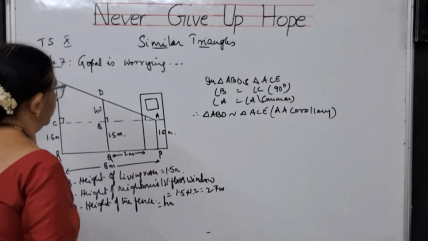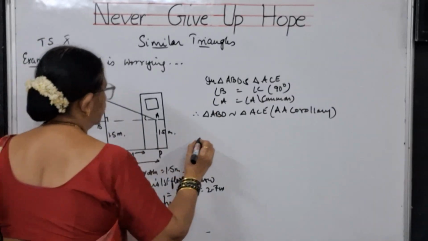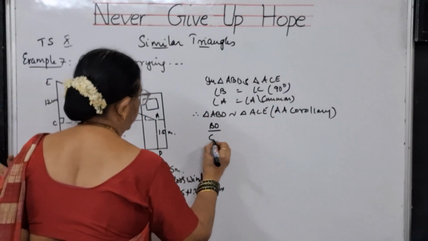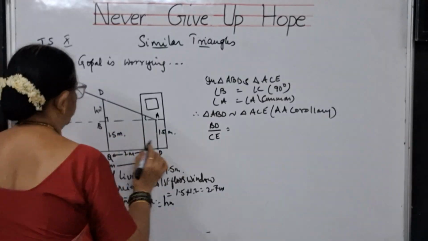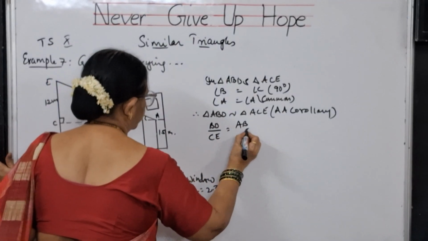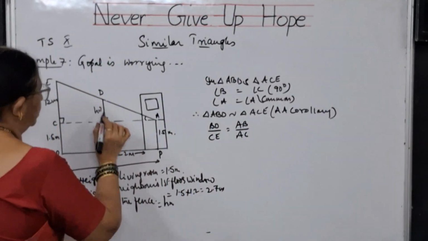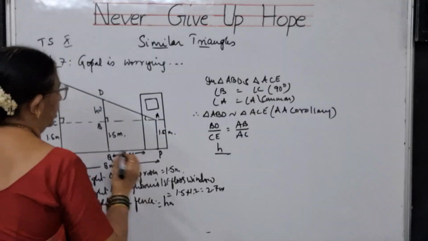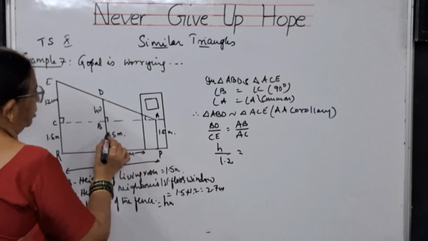So BD by CE is equal to AB by AC. BD is height H. By CE, they have given 1.2, is equal to AB.